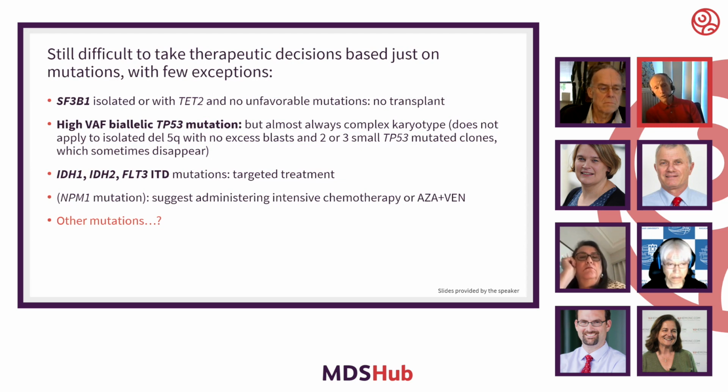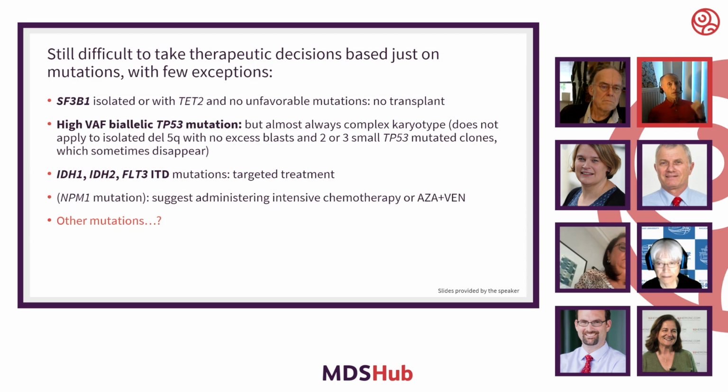For the other mutations, I must say, I don't like to take a decision of transplant, because that's the main decision to take in MDS, just based on other mutations. Saying that's a patient I would not transplant, or I'm seeing mutations, I would transplant the patient. Of course, unless there's progression, anemia, thrombocytopenia, excess of blasts that do not respond. Otherwise, classical indications.